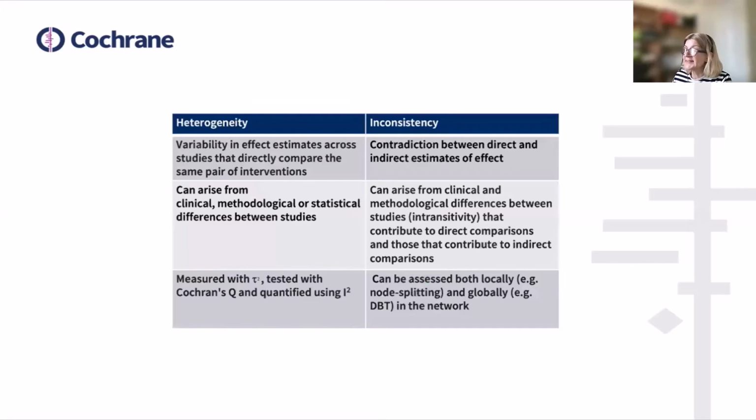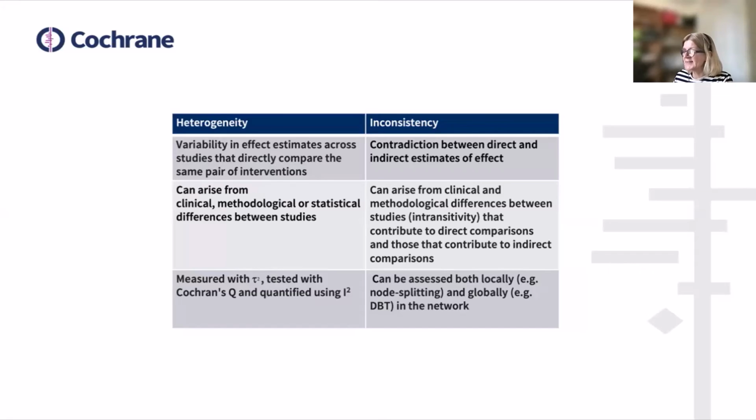It's important to understand the difference between heterogeneity and inconsistency, both of which can affect NMAs. Both relate to variability in the data, but are otherwise very different. Heterogeneity relates to variability between effect estimates across studies and can arise from clinical, methodological, or statistical differences between them.